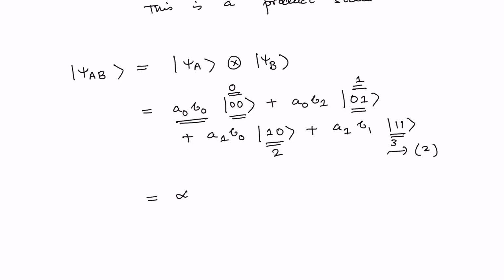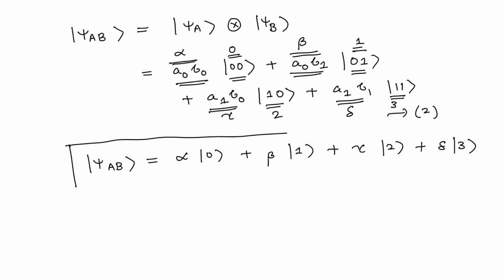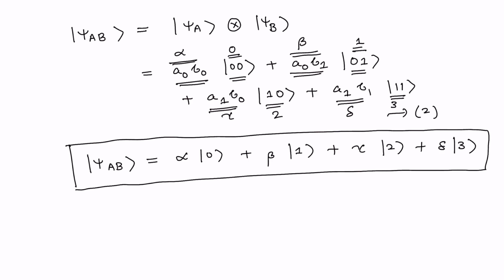On the other hand, let me denote the coefficients A0B0 by alpha, A0B1 by beta, A1B0 by gamma, and A1B1 by delta. Then this composite system, this product state |ψAB⟩, I can write as a superposition of 0, 1, 2 and 3. So this is an example of a product state.